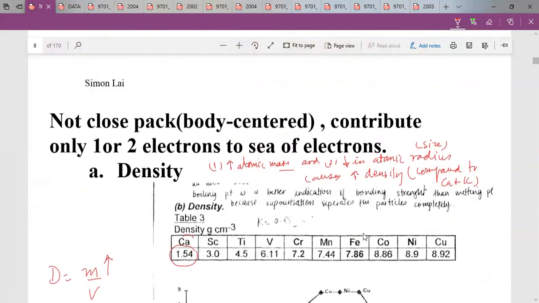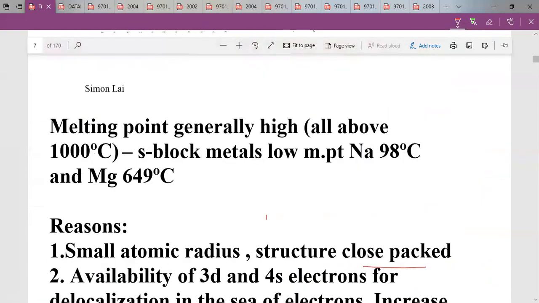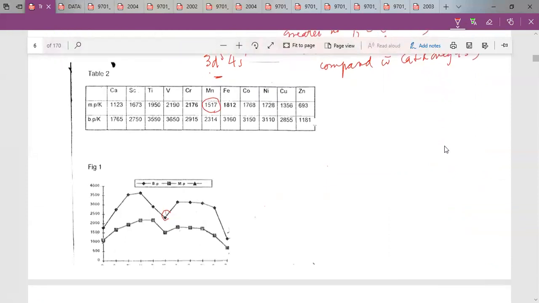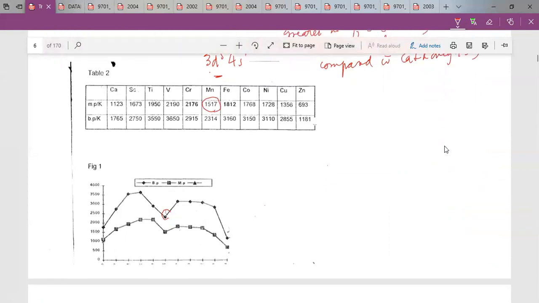As I said, for calcium, melting point is about 1,000 degrees, but here all is over 1,500, see, 1673, 1950, all is very high, except for zinc here. So they're all very high, high melting point you can see here, right?